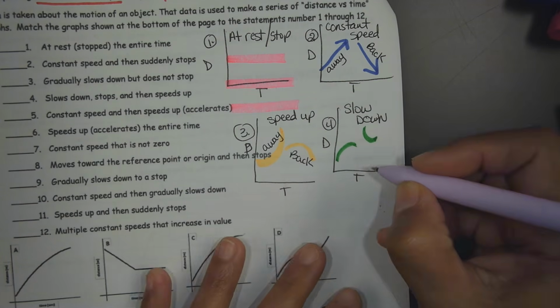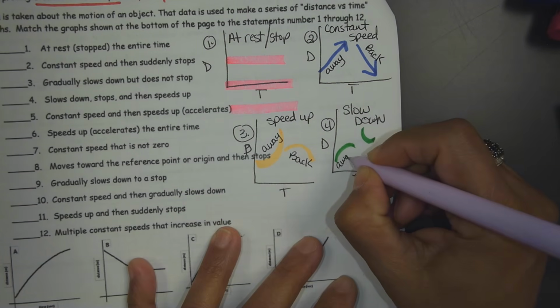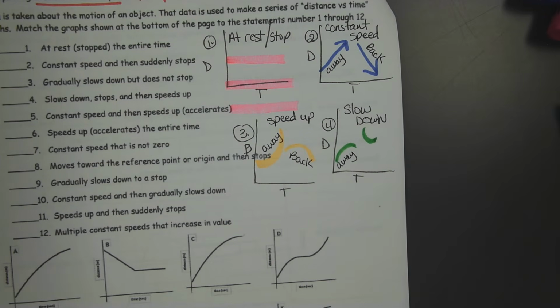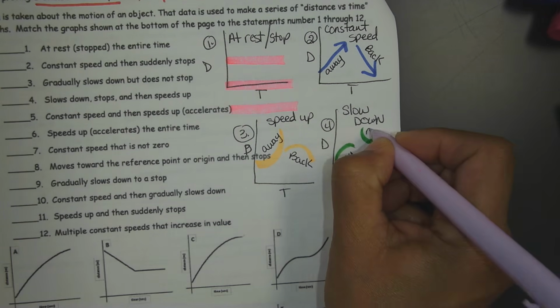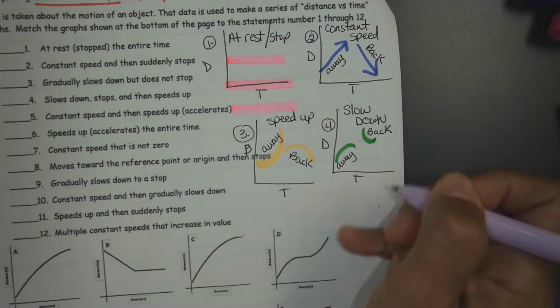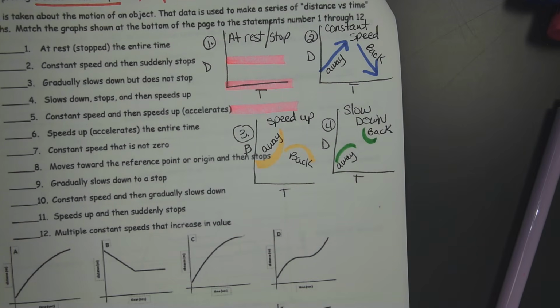Again, the first one means that it's moving away from the origin, and this side means that it's moving back towards the origin. Okay? We're going to color again on Thursday.